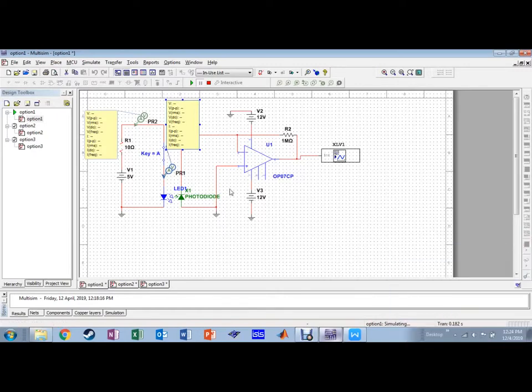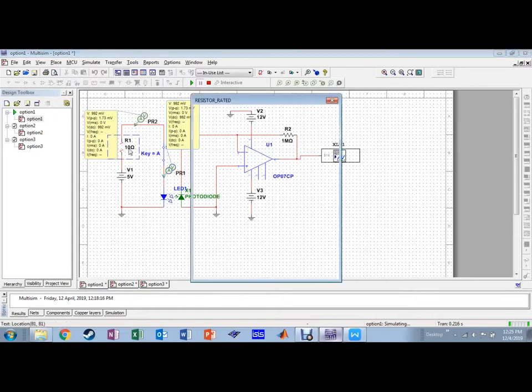So let's try for 10 ohm. Let's see the voltage and current at both points. Try to run it. So for 10 ohm, the voltage is 992 millivolt and 0 ampere, both the same at the same point.